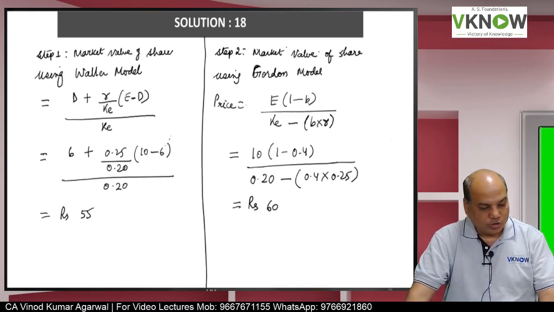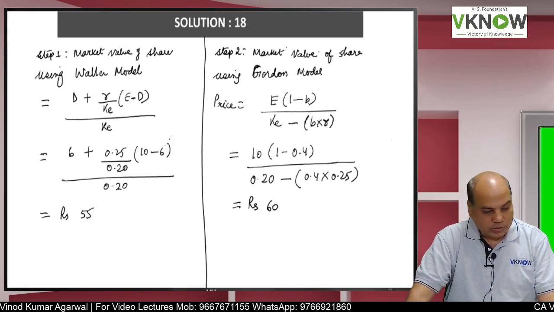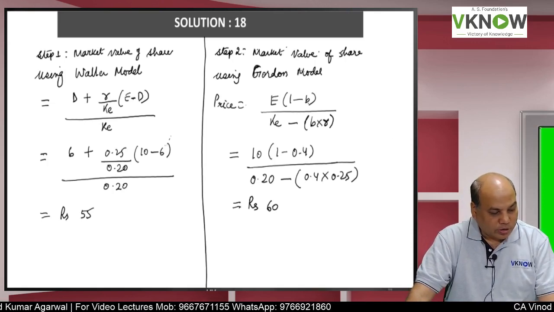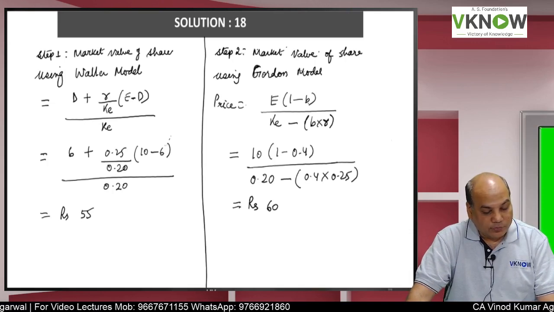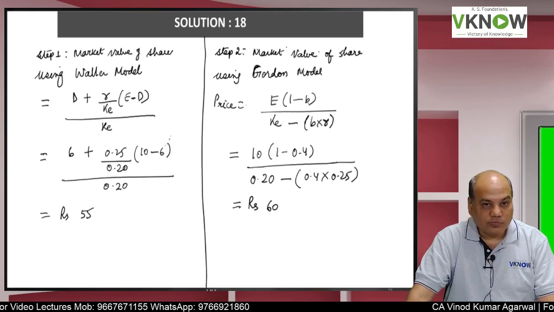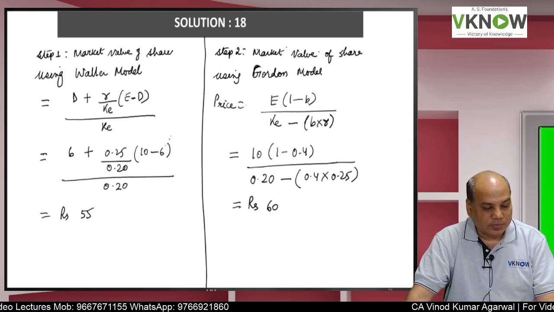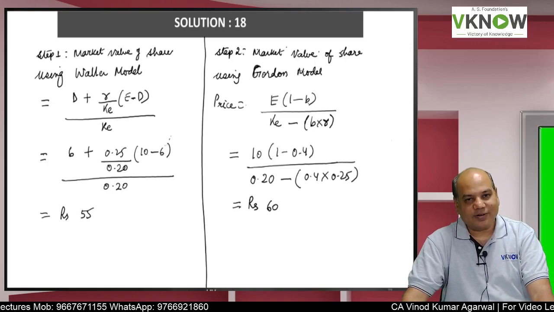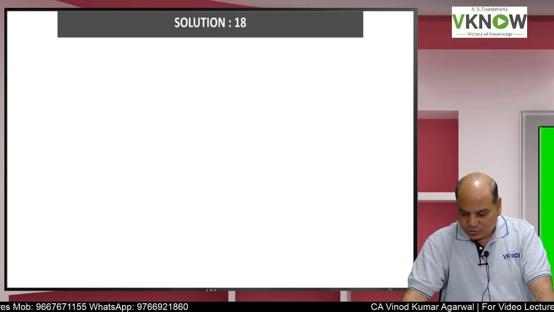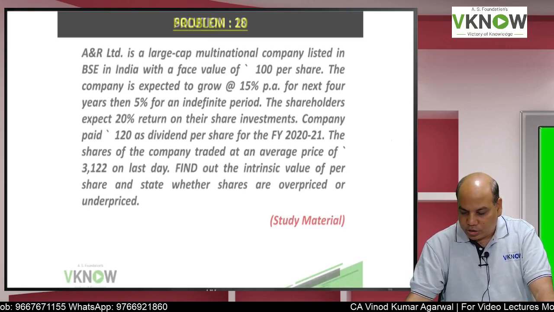Question number 18 is over. Question was asked in study material November 2020 RTP, March 2019 MTP for 5 marks, and March 19 MTP also 5 marks, and finally in the exam May 19 for 5 marks. So this way we have practiced Gordon model also.